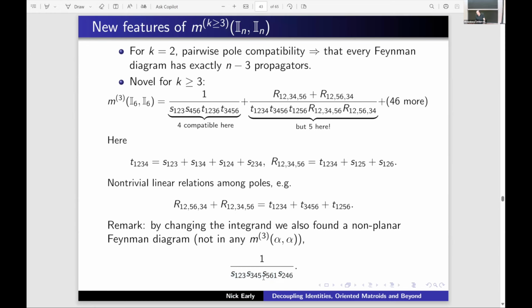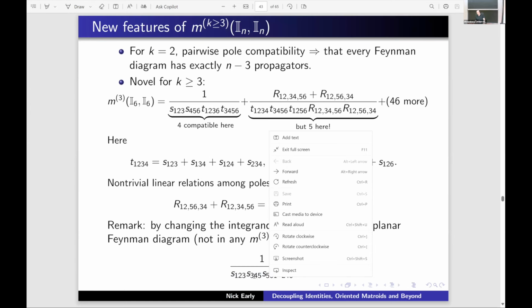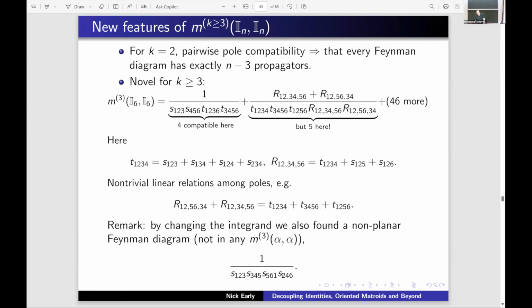You have 1, 2, 3, 3, 4, 5, 5, 6, 1, clearly consecutive, but then you have this 2, 4, 6 popping out. So that's a feature, and that suggests the need for new integrands beyond the Parke-Taylor factor. That suggests the need for investigation into oriented matroids in particular.